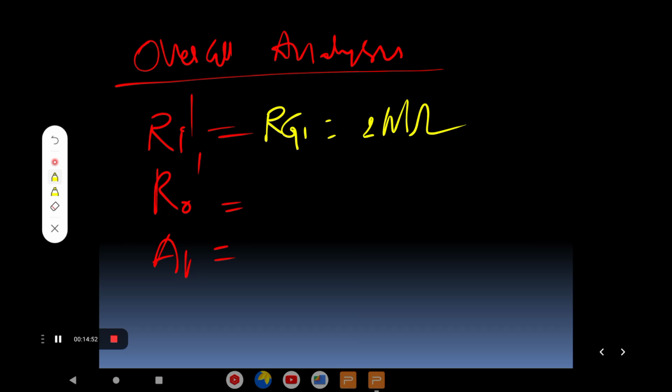This is the formula for the common source transistor without bypass configuration, so there is a formula variation. This is a very important criterion, and you have to note it down. So R0 dash is equal to the output resistance RO2 dash, that is equal to 1.87.